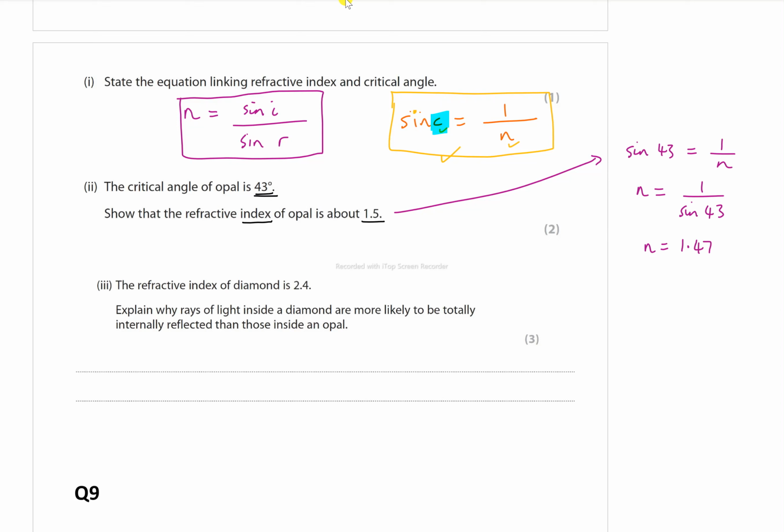That's the 2 marker. The refractive index of diamond is 2.4. Explain why rays of light inside a diamond are more likely to be totally internally reflected than inside opal.